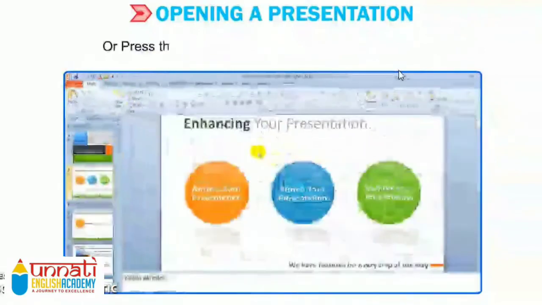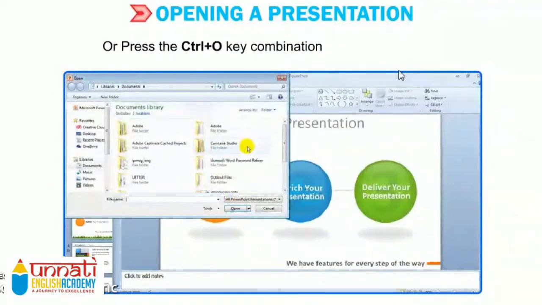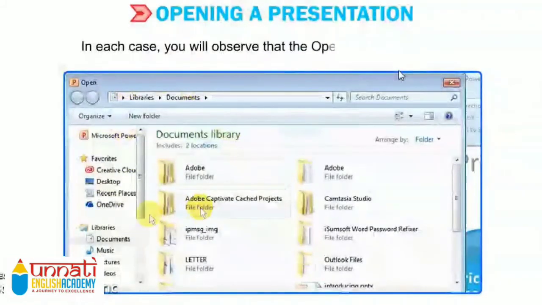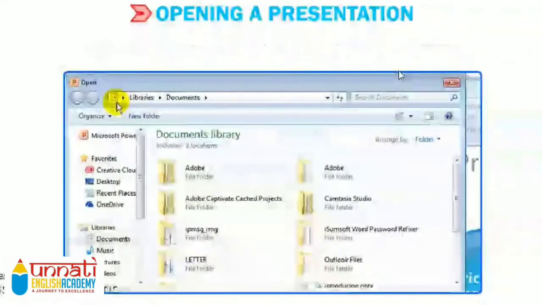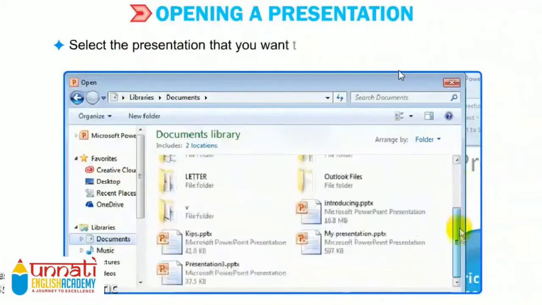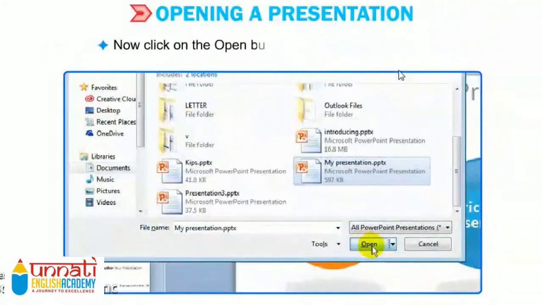And the third method is use the Ctrl+O key combination. In each case, you will observe that the Open dialog box appears as shown in the figure. Select the presentation that you want to open from the desired location. Now after selecting your presentation, click on the Open button to open your presentation. So these all are very easy.